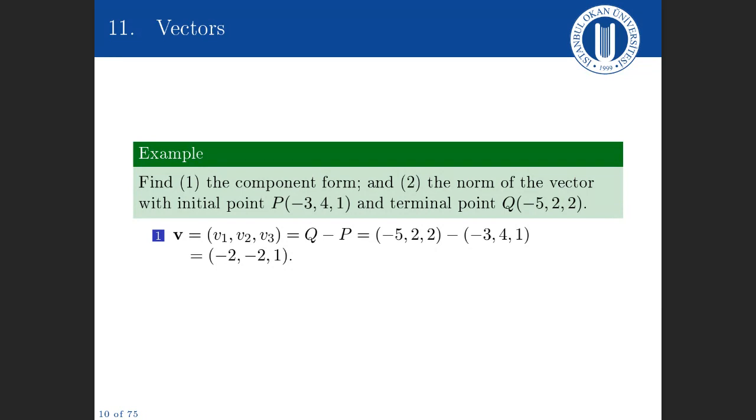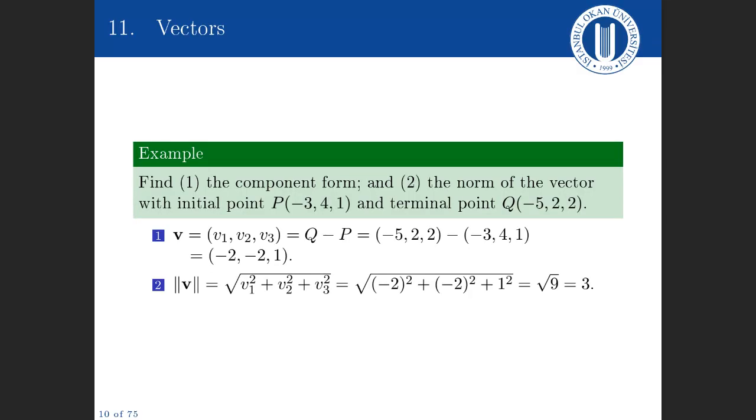So -5, 2, 2 minus -3, 4, 1. And that gives us -2, -2, 1. And then for the norm, we do square root of v1 squared plus v2 squared plus v3 squared. So that's square root of -2 squared plus -2 squared plus 1 squared, square root of 9, which is 3.